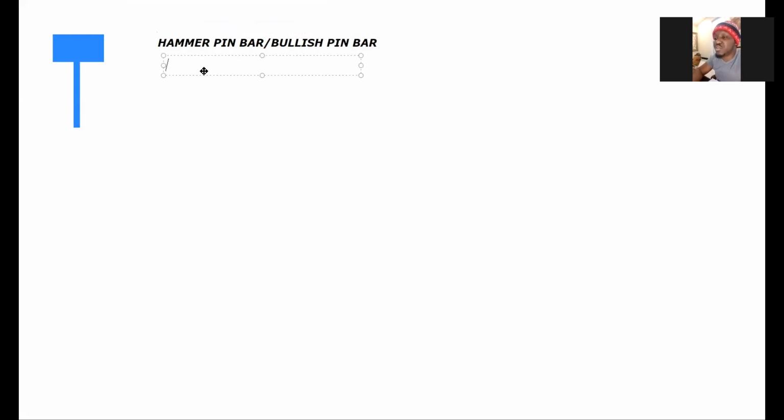The difference between this and the dragonfly doji is that this right here does not open and close at the same place, right? It opens and closes, it's gonna look, sorry.